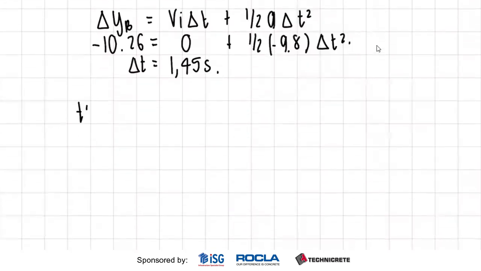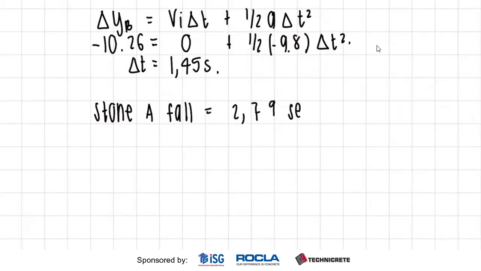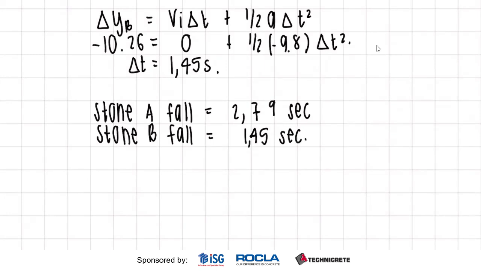So the time that it took stone A to fall, we worked out, was 2.79 seconds, and stone B's falling time was 1.45 seconds.